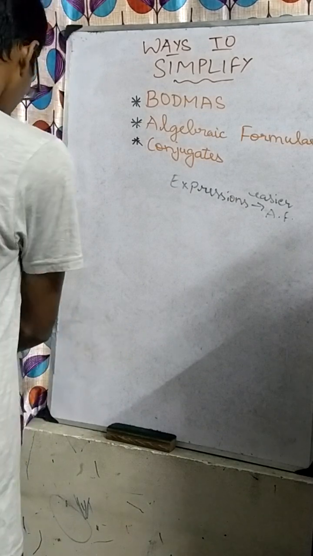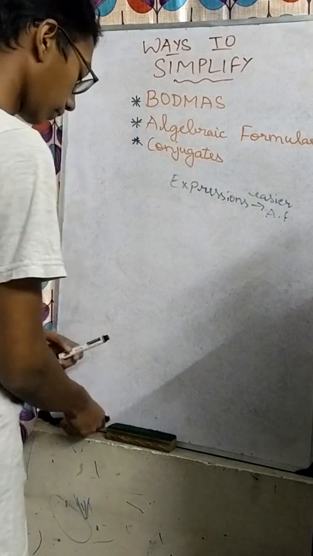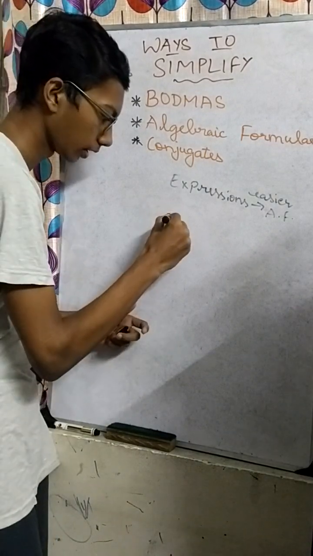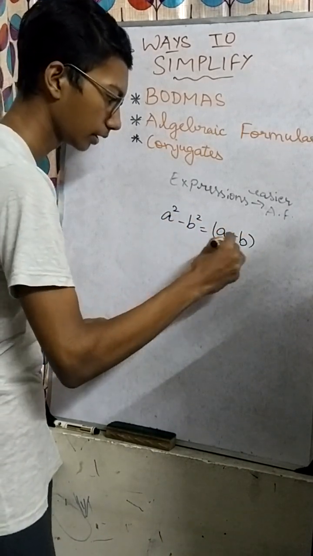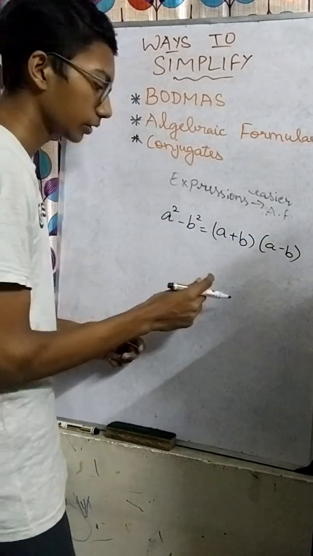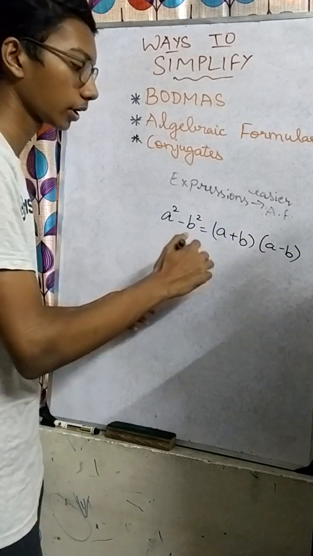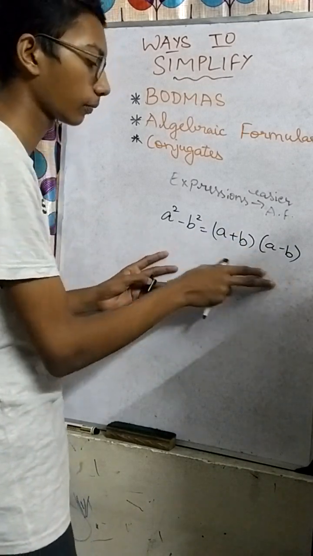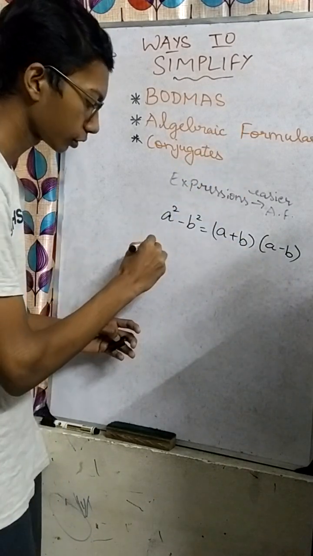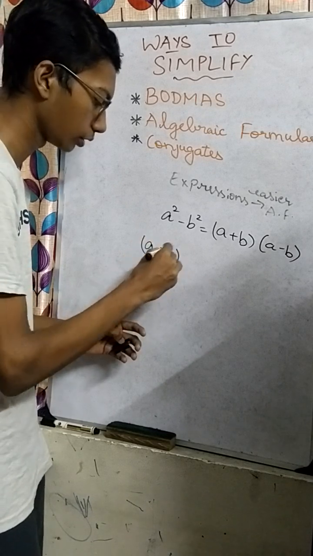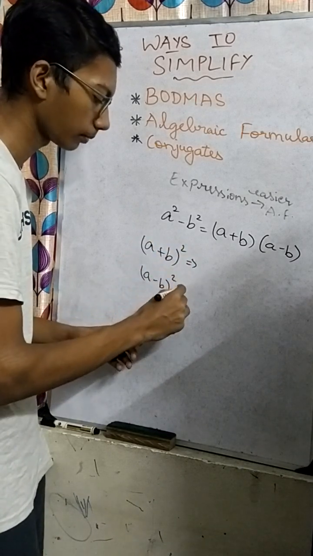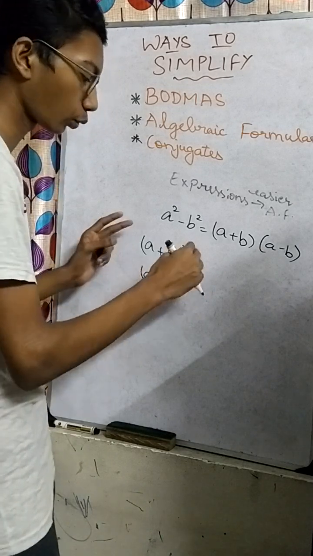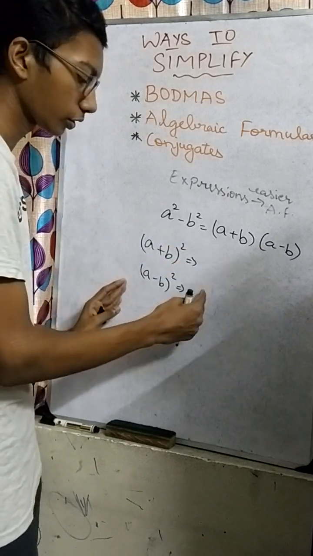The most important algebraic formula we use is a square minus b square equals a plus b times a minus b. This is the most useful formula. Of course, we have formulas like a plus b the whole square, a minus b the whole square. Those are common formulas, but we can work the sums without even using them.